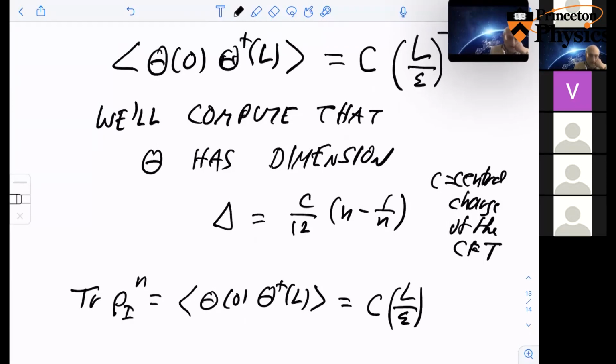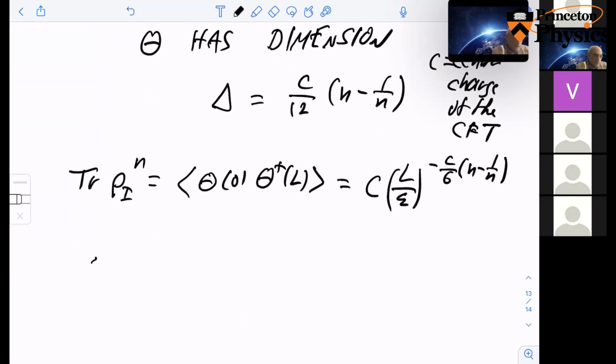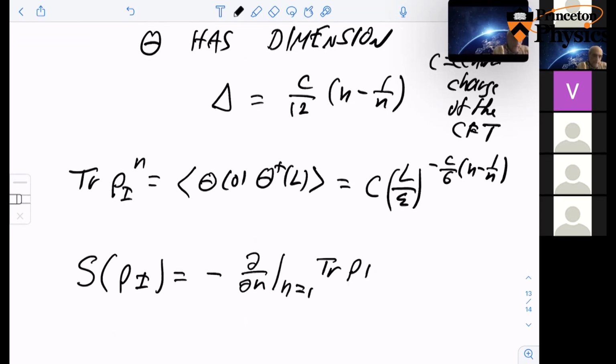So L over epsilon to the minus C over 6 times n minus 1 over n. And then we'll compute that it'll follow that the entropy S comes just by differentiating this formula at n equals 1.